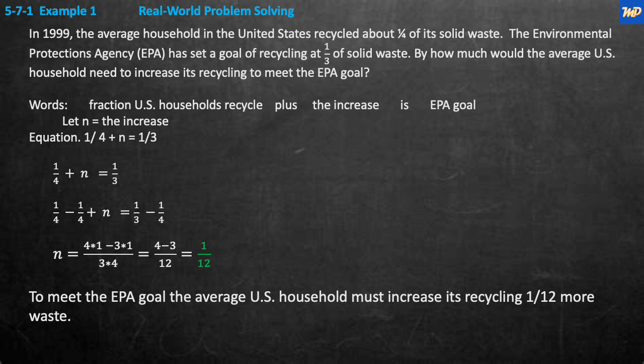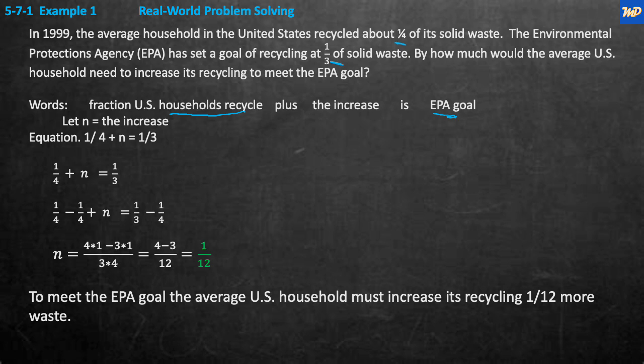That's the beginning part of the question: 1/4 of the solid waste plus the increase. The increase is whatever that number is. We're going to say the increase is n, and then is the goal, and the goal is 1/3. 1/3 is the EPA goal.